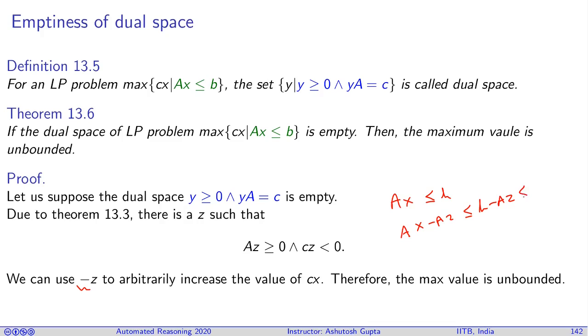So that means this is b, so it gives you A(x minus z) less than or equal to b. So therefore, if you keep subtracting z from some satisfying assignment x, you stay satisfied. However, if you see c(x minus z) is greater than or equal to cx, because cz is a negative number. So you can always keep increasing your value.